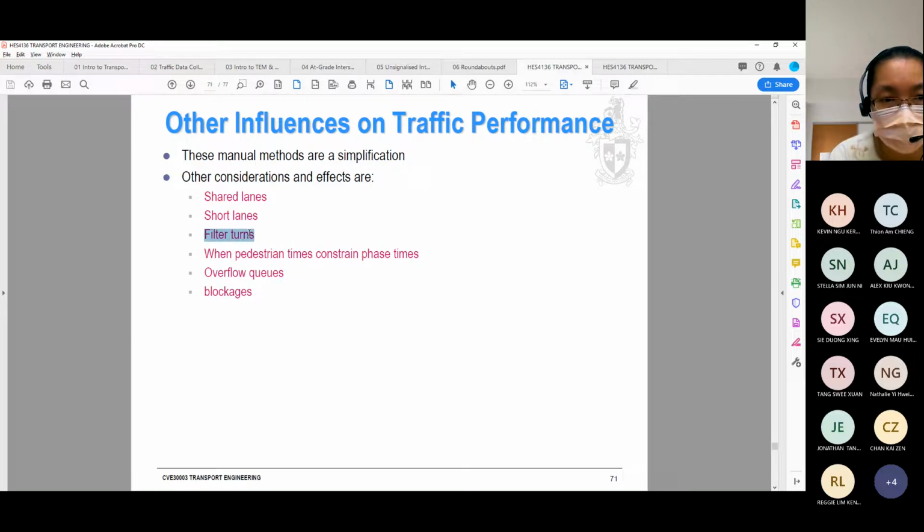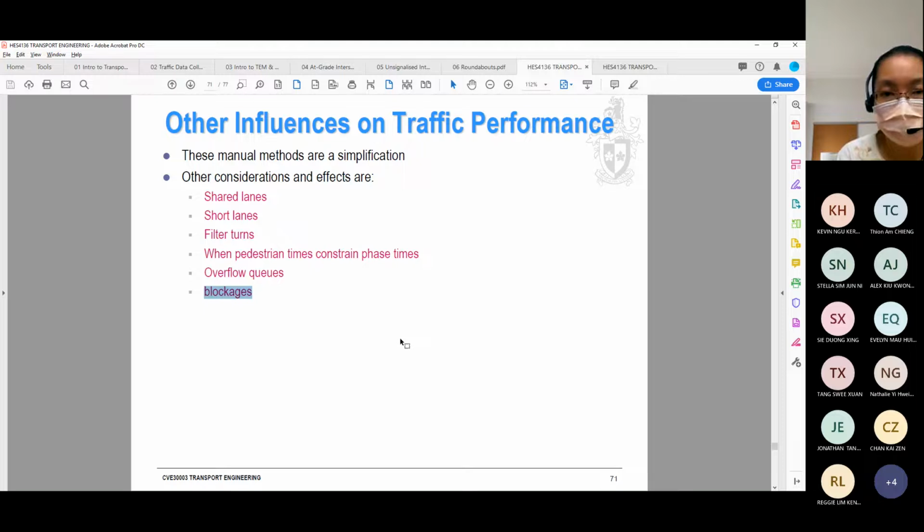Filter turns and when pedestrian times constrain phase times. If you have a lot of pedestrians, they will take up more green time, and that would mean more delay to your vehicles. Overflow queues are associated with blockages, because the queues pile onto a different lane.